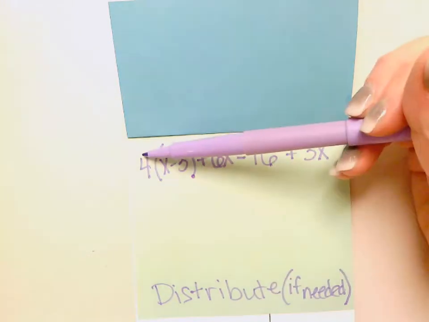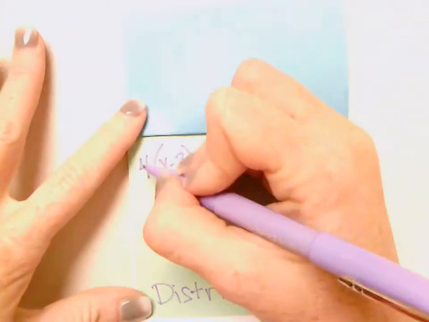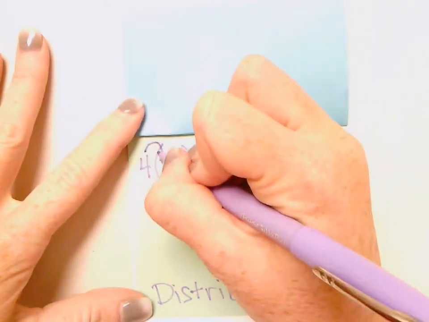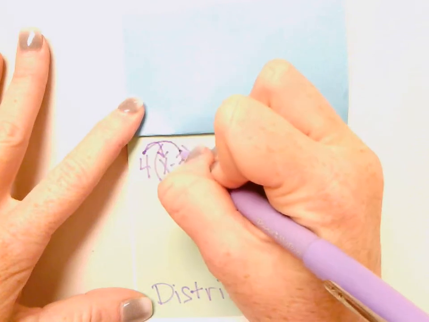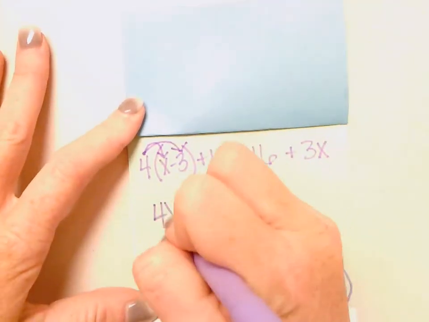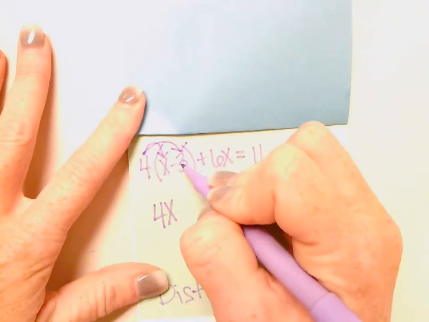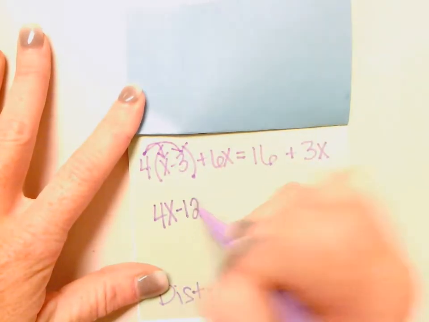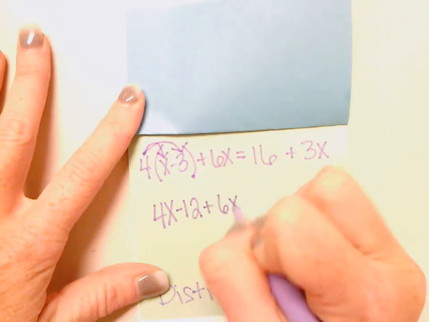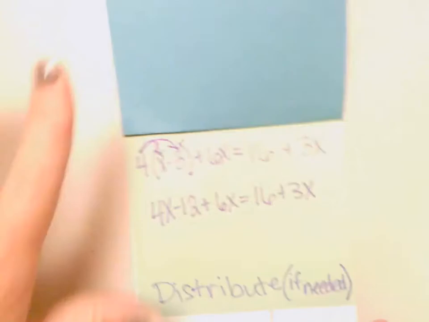Distribute means to put a number, to multiply it by what's inside of the parentheses. So this looks like 4 times x and 4 times 3. So we rewrite it. 4x, and then a positive 4 times a negative 3 is negative 12, plus 6x equals 16 plus 3x. We're just rewriting.